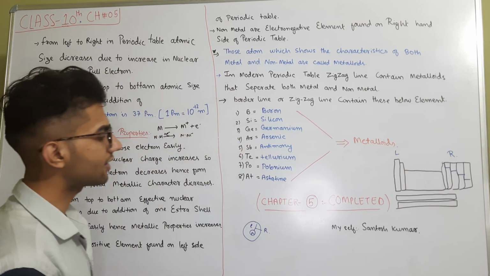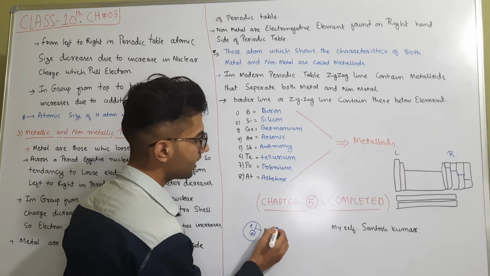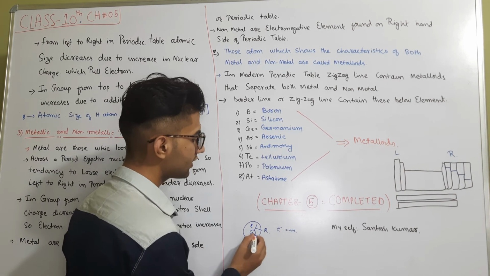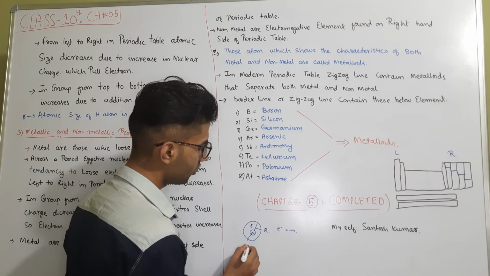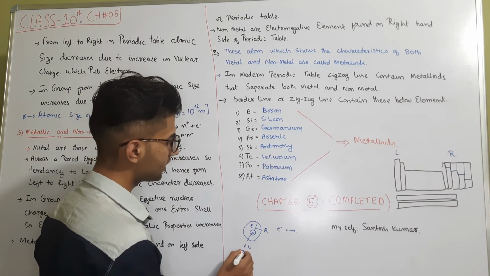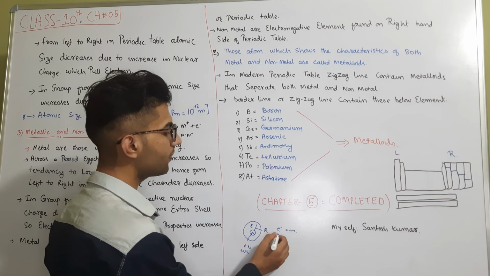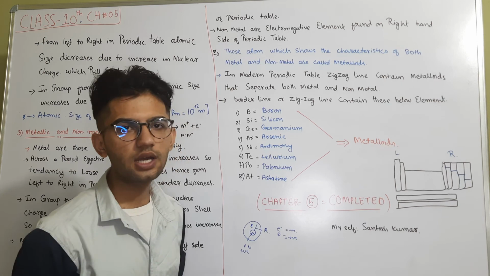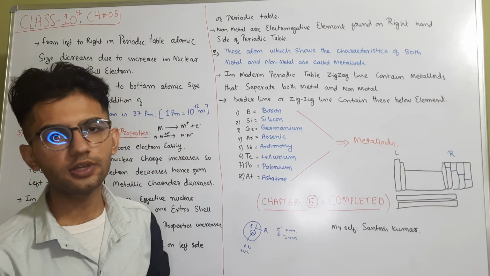Why does the nucleus attract the electron? As you know, the electrical nature of the electron is negative, and the nucleus consists of protons and neutrons. Neutrons don't carry any charge, but protons carry a positive charge. Due to that, the overall nucleus also has a positive charge.